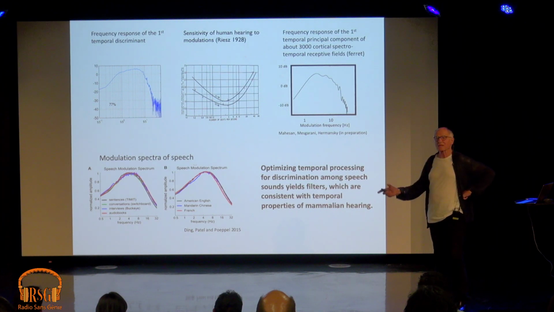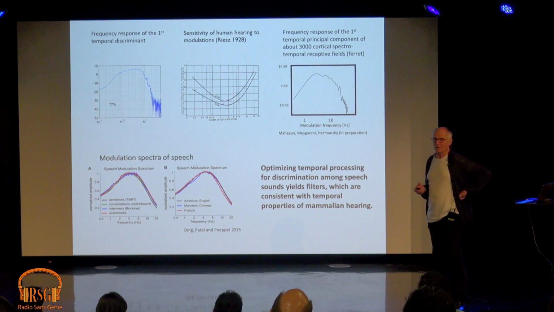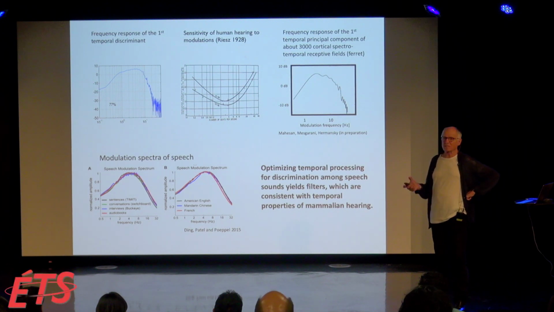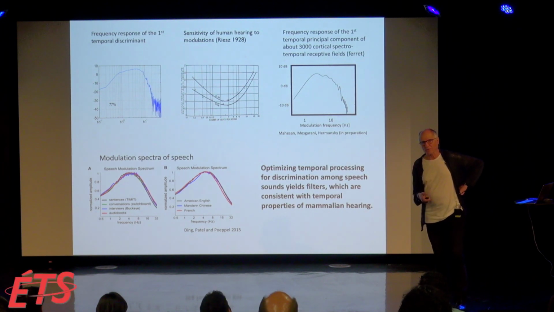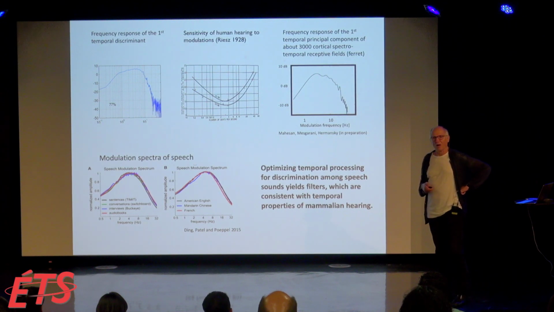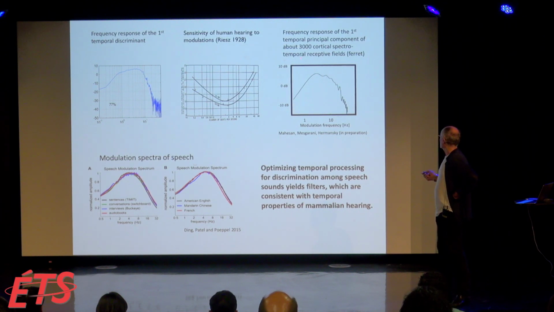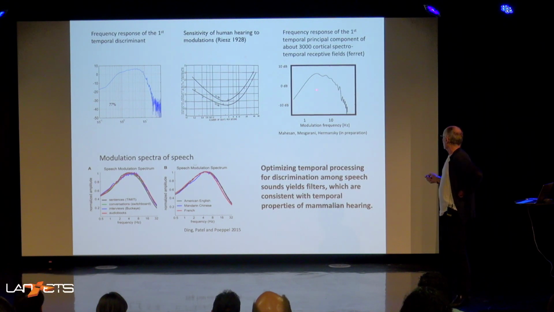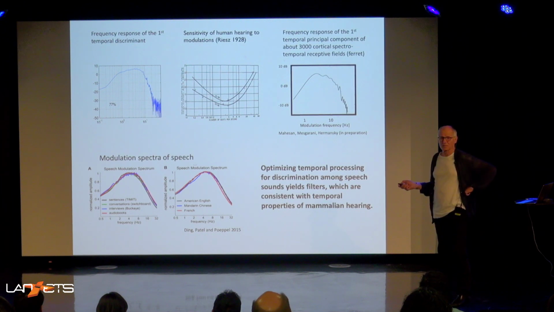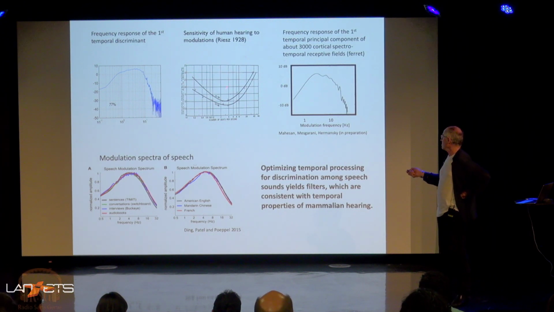So you can take a number of these cortical neurons and you can ask yourself, what are the dominant temporal properties of these cortical neurons? And isn't there some similarity? Yes, there is, because they also like the frequencies between 1 and 10 hertz. Your brain likes it. Your hearing likes it. This is physiology, psychophysics.